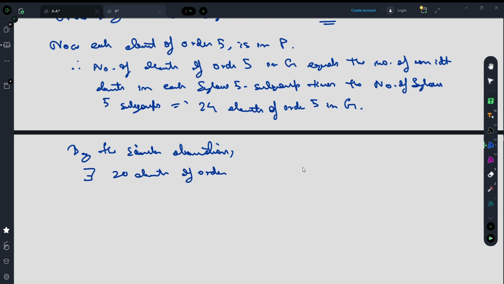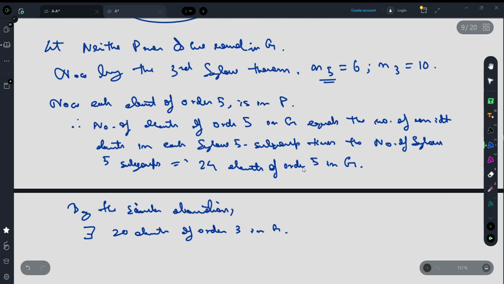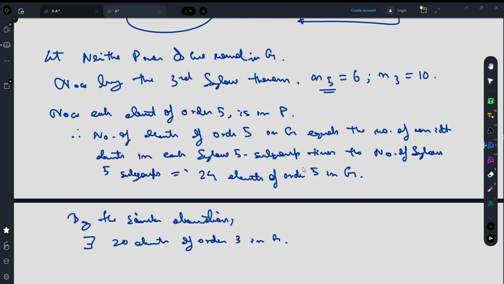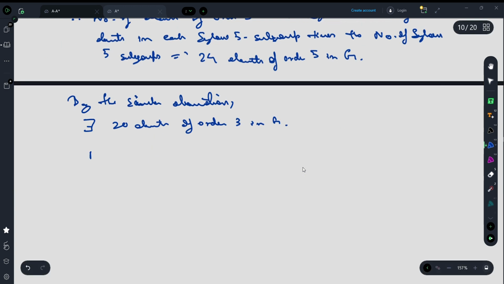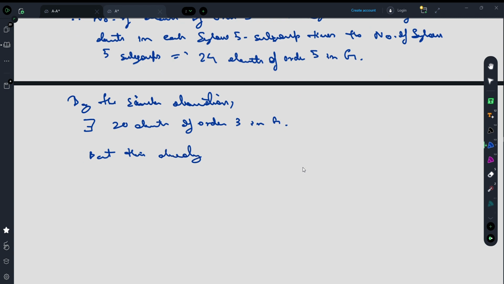By a similar observation, there exist 20 elements of order 3 in G, because the number of elements of order 3 in G will be the number of non-identity elements in a Sylow 3 subgroup times the number of Sylow 3 subgroups. The number of non-identity elements in a Sylow 3 subgroup is 2, and there are 10 Sylow 3 subgroups.